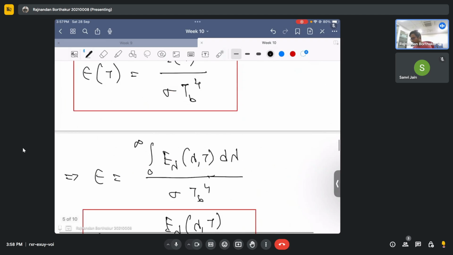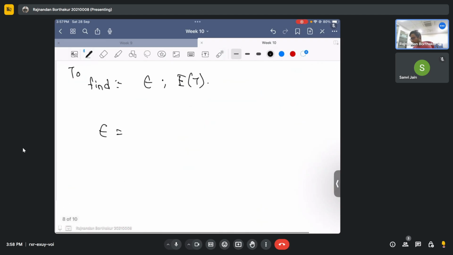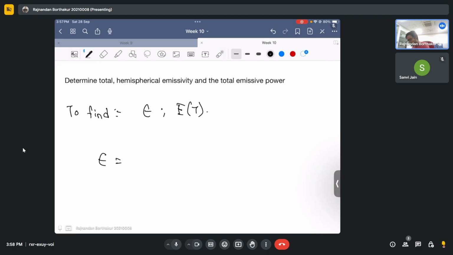So my total hemispherical emissivity can be written as the total hemispherical emissive power of my real body to the emissive power of a black body at the corresponding temperature.